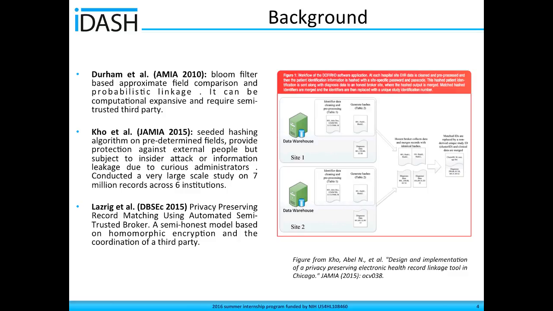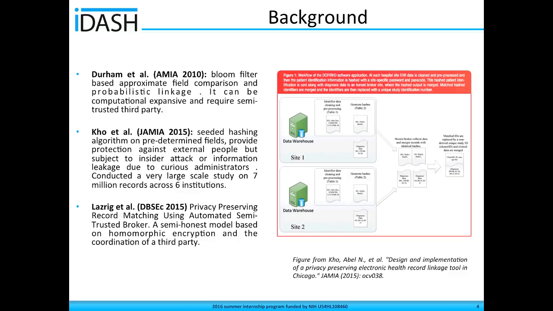And Lazary proposed a privacy preserving record linkage based on homomorphic encryption. We know that homomorphic encryption is a technique that can perform many operations directly on the ciphertext, without requiring decryption.